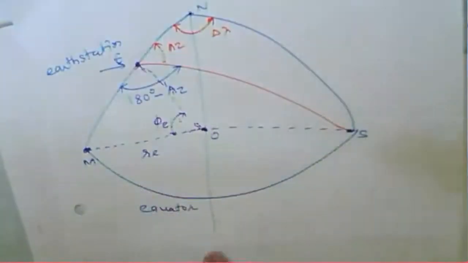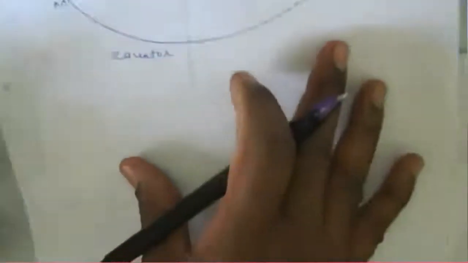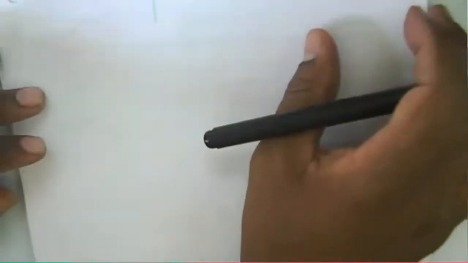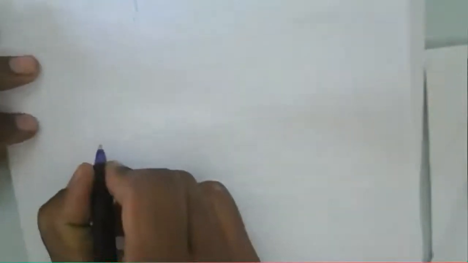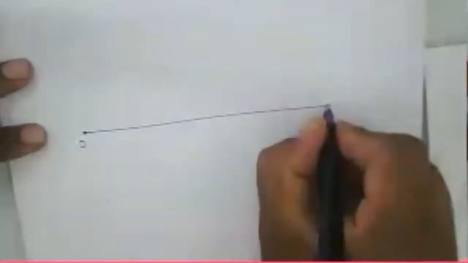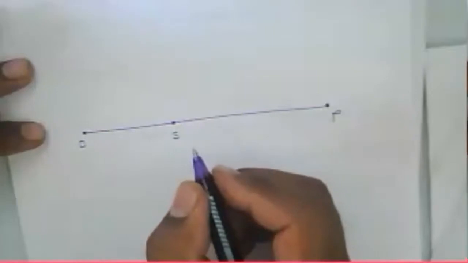Okay, now consider again to understand what we mean by this slant range. If I redraw this diagram again with respect to the geocenter, this is O here, and from this point we have the location of a satellite, P. This one is the sub-satellite point here.